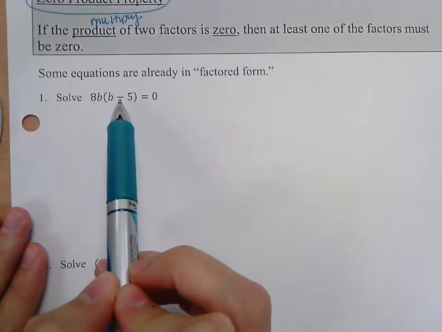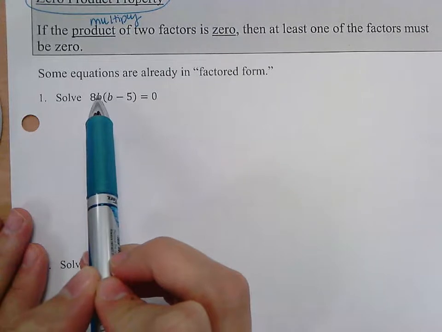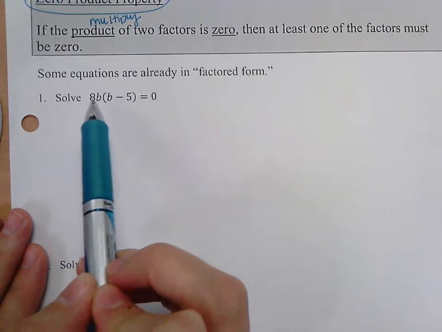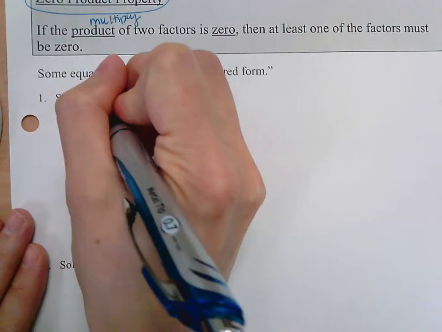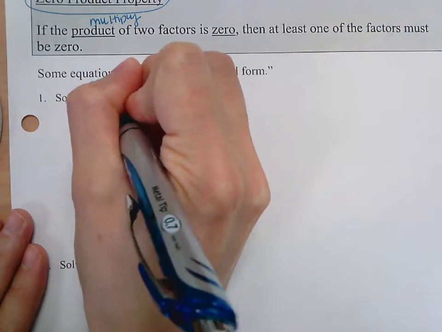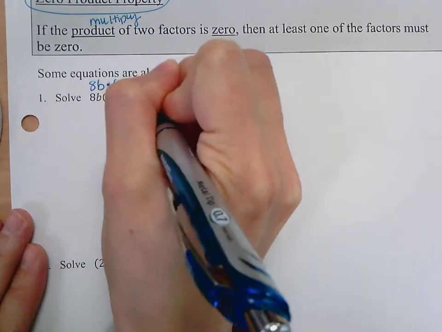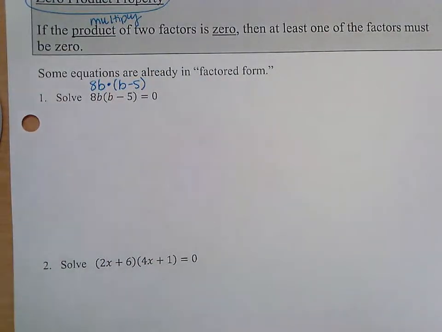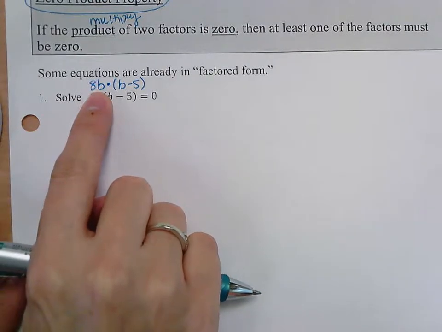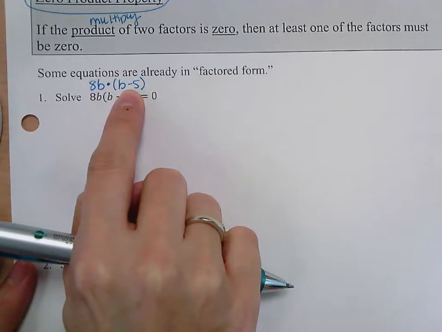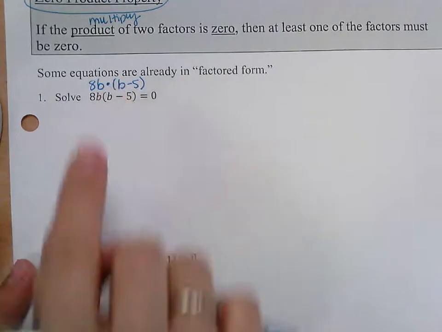If I look at the equation in number 1, this is 8b times the quantity b minus 5. So this is 8b multiplied by b minus 5. So I have two quantities being multiplied together. The 8b is one factor, the b minus 5 is another factor.